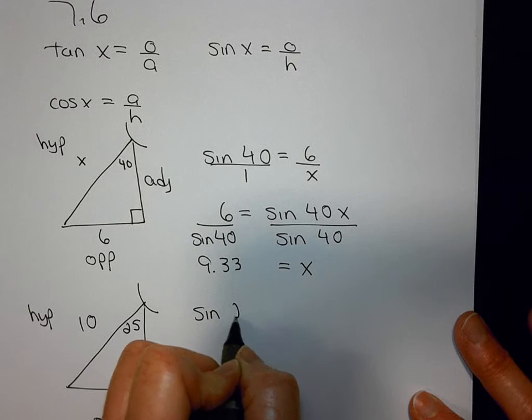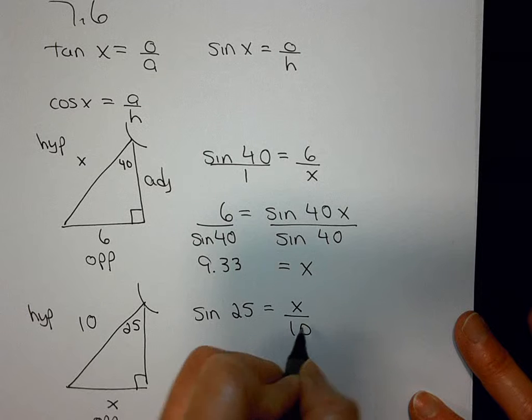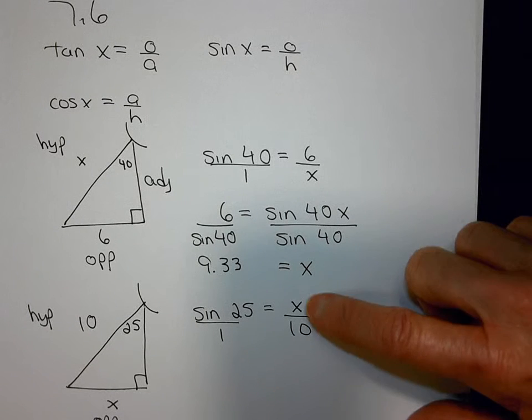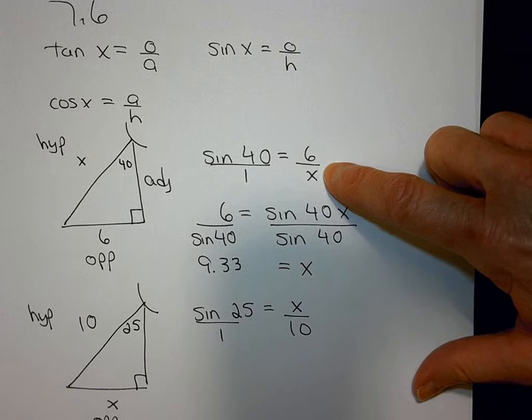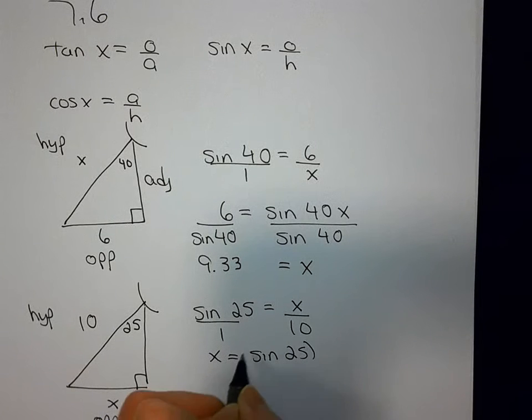So sine of the angle, 25, is going to be opposite over hypotenuse. So if you look, the difference here is the x is in the numerator now instead of the denominator. So we're going to cross multiply. x is just going to be sine of 25 times 10.